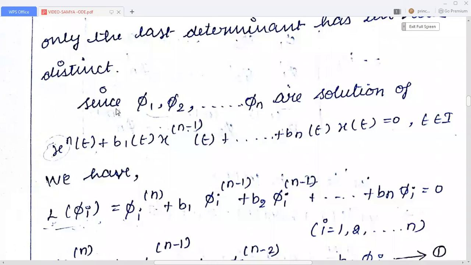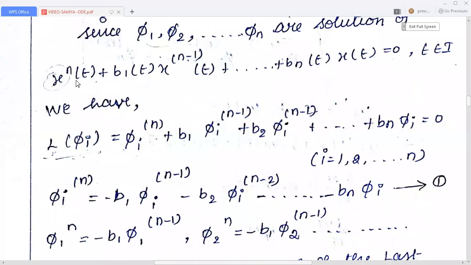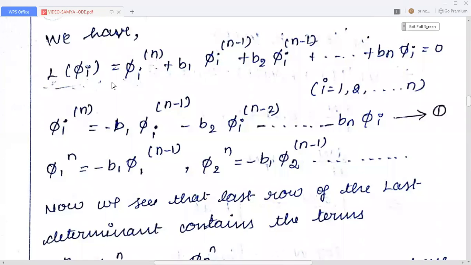Right. Since pi 1, pi 2, pi 3, etc., pi n are solutions of x n of t plus b1 of t into x n minus 1 of t plus etc. plus bn of t into x of t equal to 0, L of pi I equal to pi I power n.